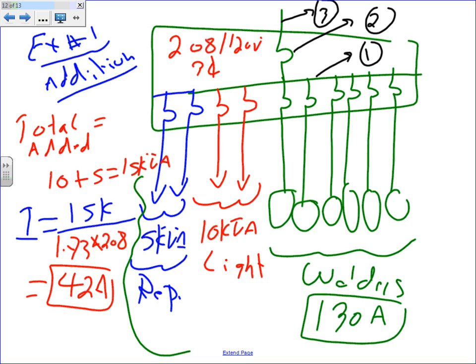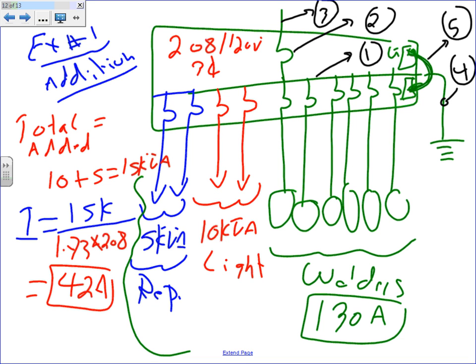And the grounding electrode conductor. Let's do that one. So here's my ground, here's my neutral. This is the ground to neutral bonding, and this is the grounding electrode conductor. These are typical, guys. I call this one number 4. This is 4, and this is 5. I want to go find these 5 things exactly like we did, guys.